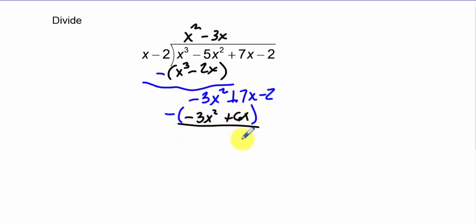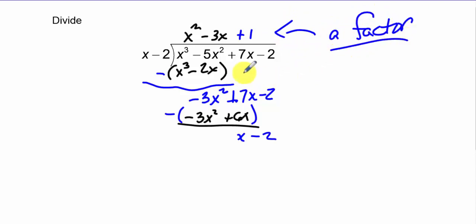And 7x minus 6x is 1x minus 2. And we notice, hey, this goes in once. So in essence, since there was no remainder, this is actually a factor of the original polynomial.